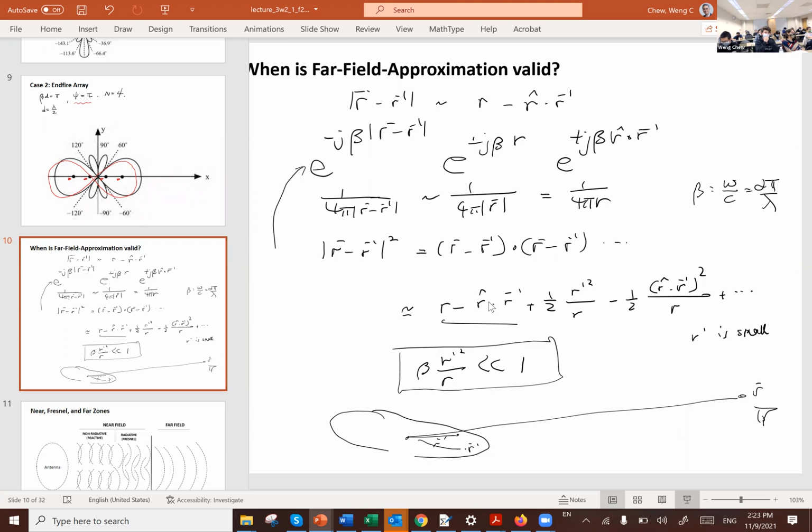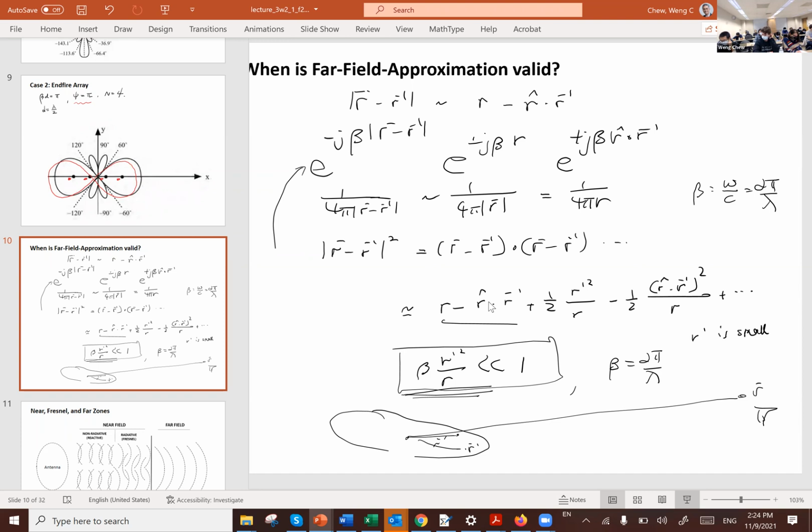If the frequency is very high, beta is large, or lambda is very small, this criterion is harder to satisfy. It's harder to satisfy for short wavelength. So if you want to be in the far field of these sources, you have to look further away when the wavelength becomes shorter.